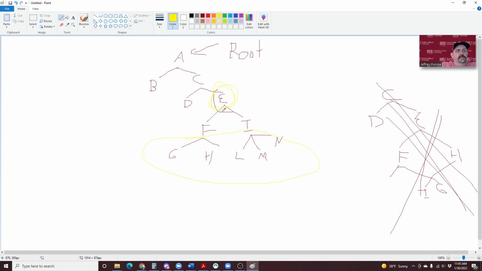So E, for instance, is the mother of F and I, because it is exactly one branch away from F and I and dominates it. A dominates immediately B and C, so it is their mother. B is a daughter of A. F is a daughter of E. D is a daughter of C, and so forth. So those are the mother-daughter relations.